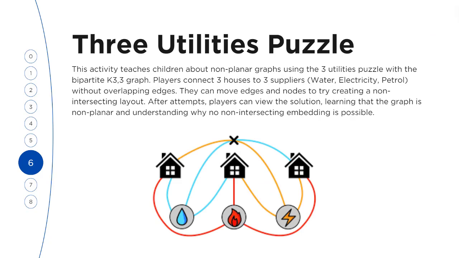The 3 utilities puzzle is quite interesting. You have 3 houses, you have 3 types of utilities. For example, here we have water, electricity and gas, right? You just have to somehow make it so that no connections overlap, no pipes overlap, but you're still able to provide connections to these 3 houses for each of these resources.